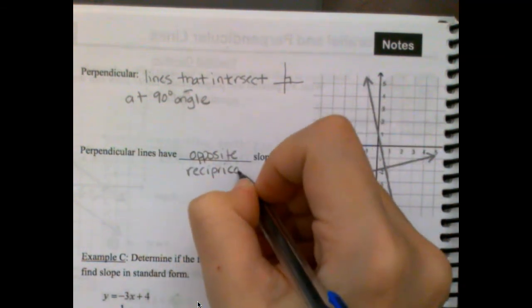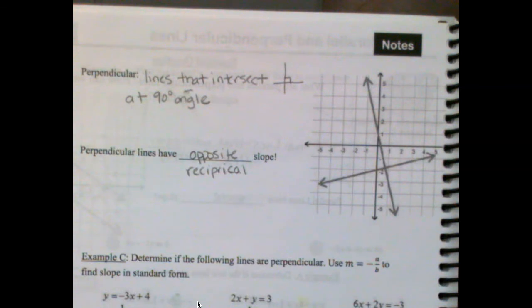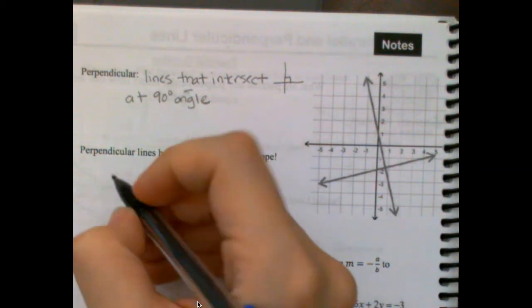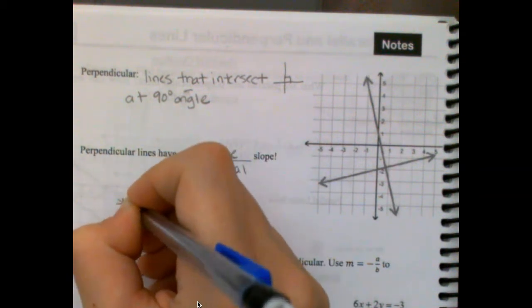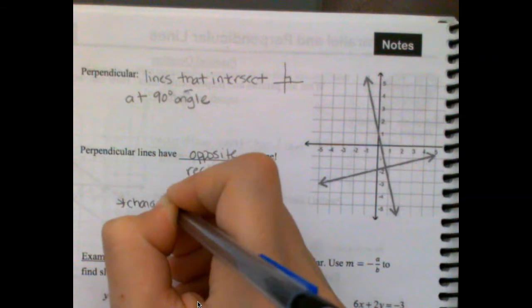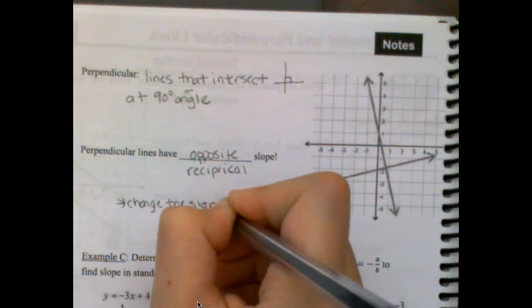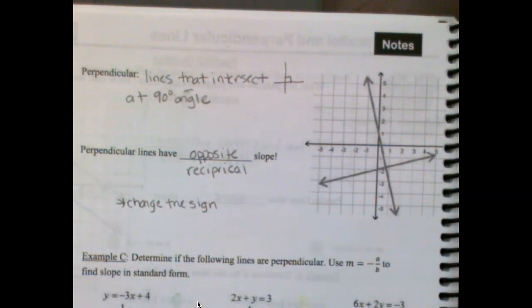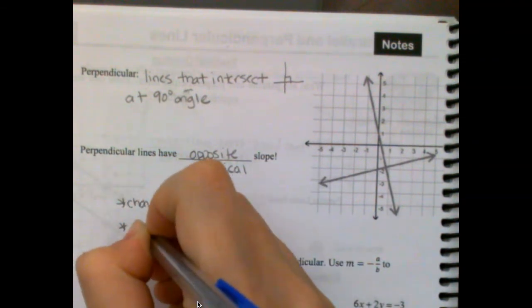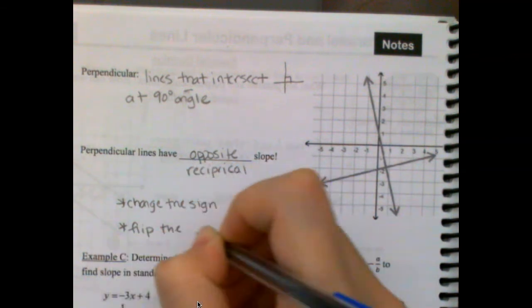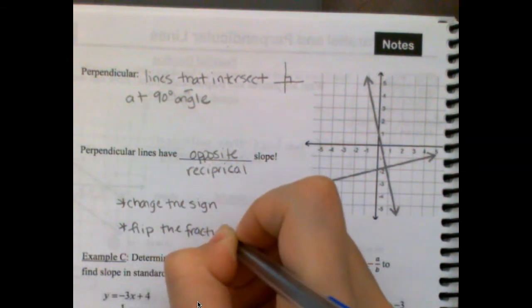Opposite reciprocal slope. So I have two words there, opposite slope and reciprocal slope. So when you have the slope of a perpendicular line, the other line is going to be the opposite sign. So we have to change the sign. And we have to flip the fraction. And I'm gonna show you what this looks like here.